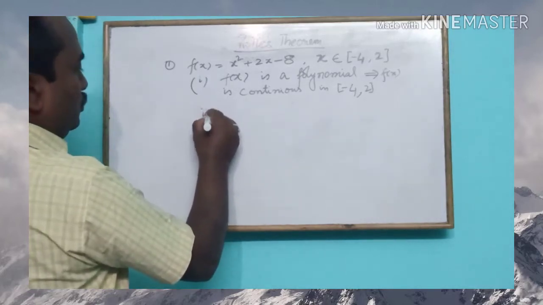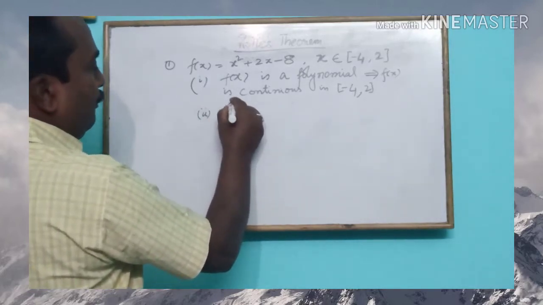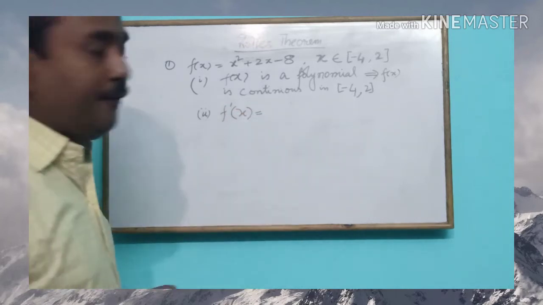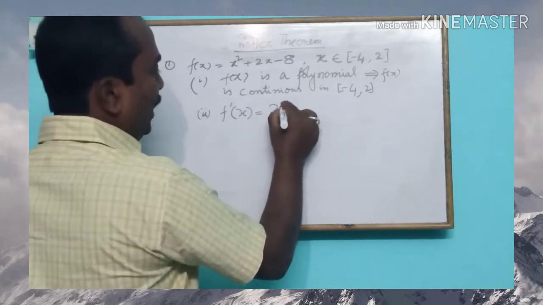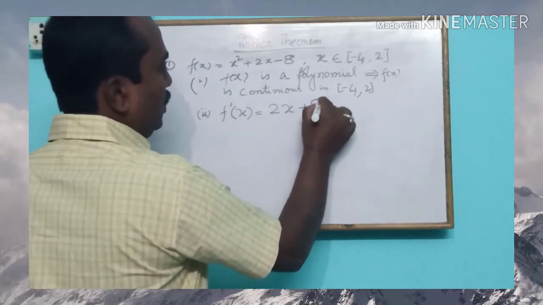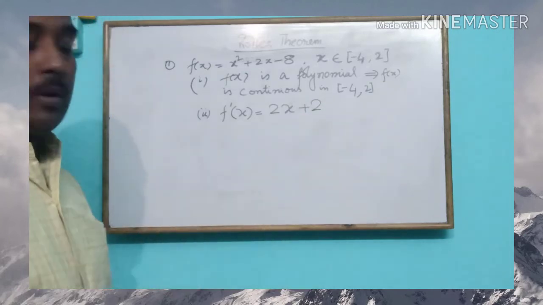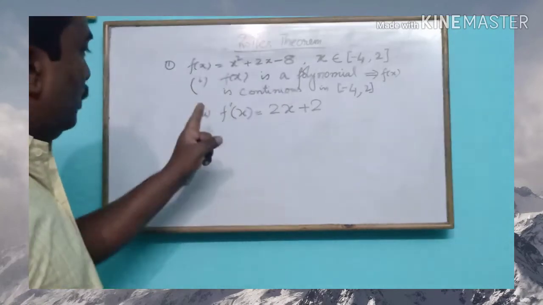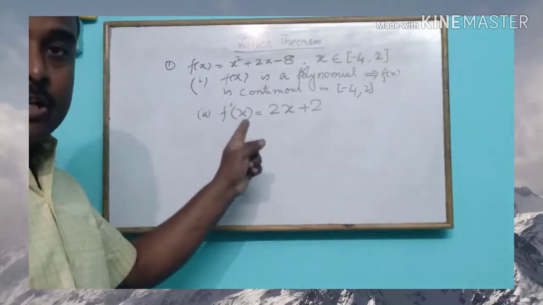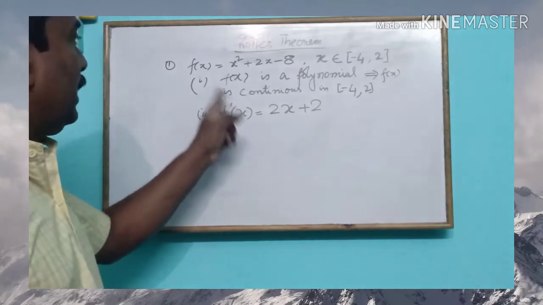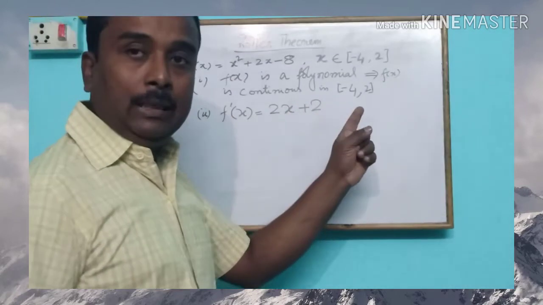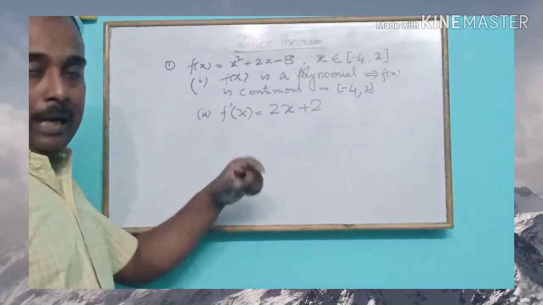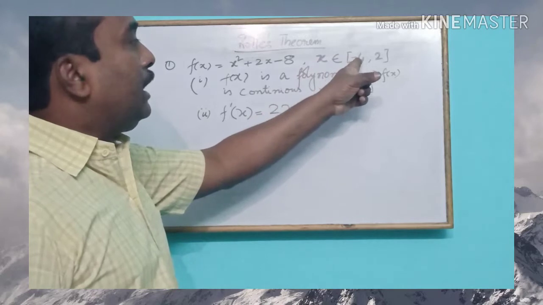Number 2, f'(x). f'(x) is what? 2x plus 2. Derivative of x square is 2x. Derivative of 2x is 2. Now, obviously the function f'(x), or the derivative of f(x), will not be infinite or something undefined in the given interval -4 to 2.